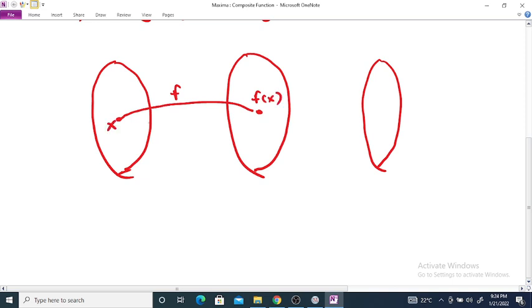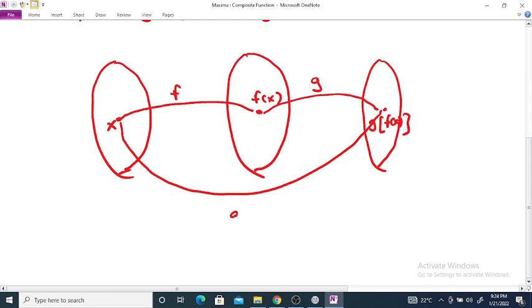This is x, and the image of f of x under the function g is what? G of f of x. So the composite function is defined as g of f of x. This is the composite function g of f.